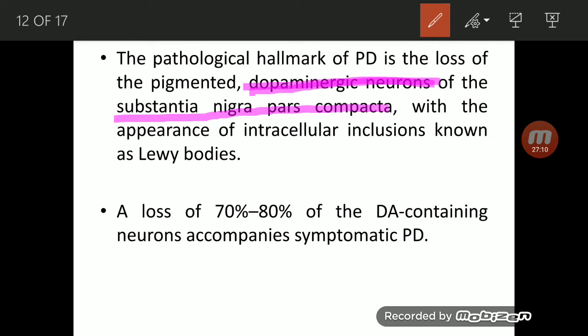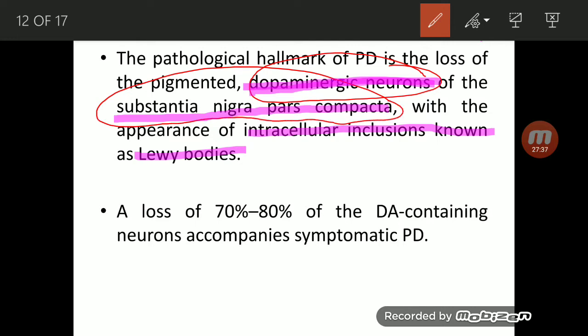As well, there are certain intracellular inclusions known as Lewy bodies. Again, one of the most important features of Parkinson's disease is the loss of dopaminergic neurons from the substantia nigra pars compacta region, as well as intracellular inclusions of Lewy bodies.